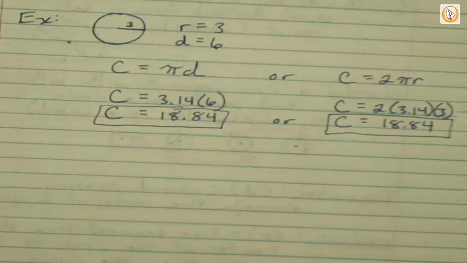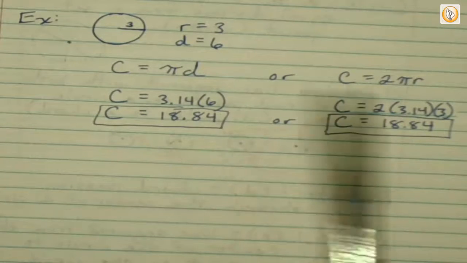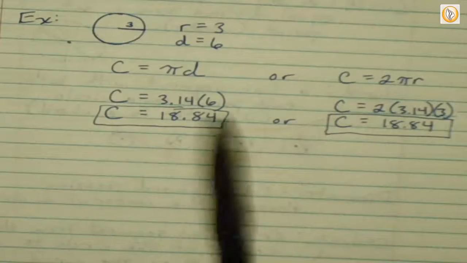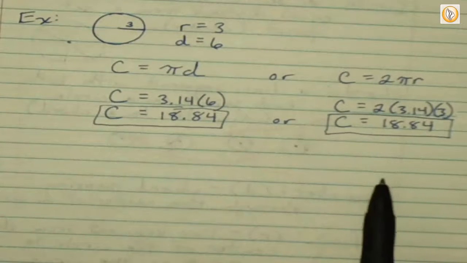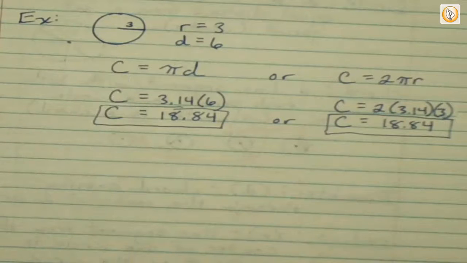Yes, ma'am. Whenever we do our homework, we could use any of the formulas. That's right. Okay, so this is for the sake of notes. I want to show you that you can use either formula to get the same answer, no matter what you're given. But on your homework, you don't have to do both. You just choose one and go with that, okay?